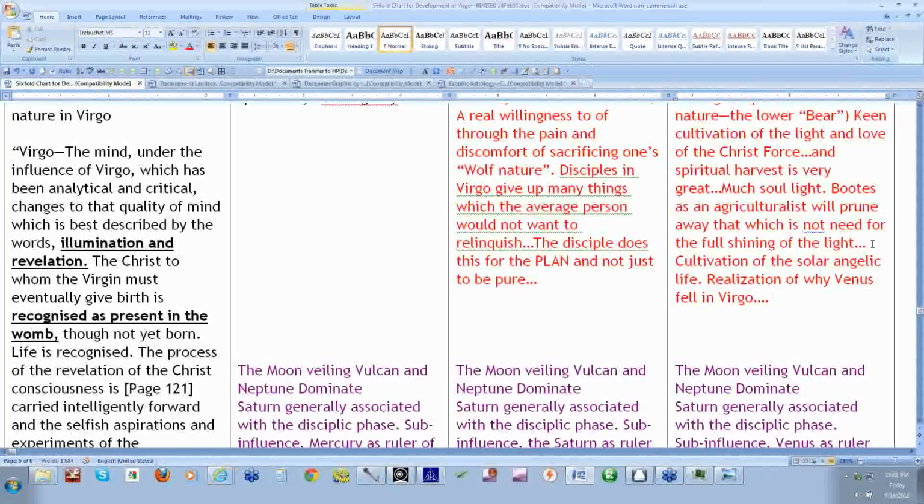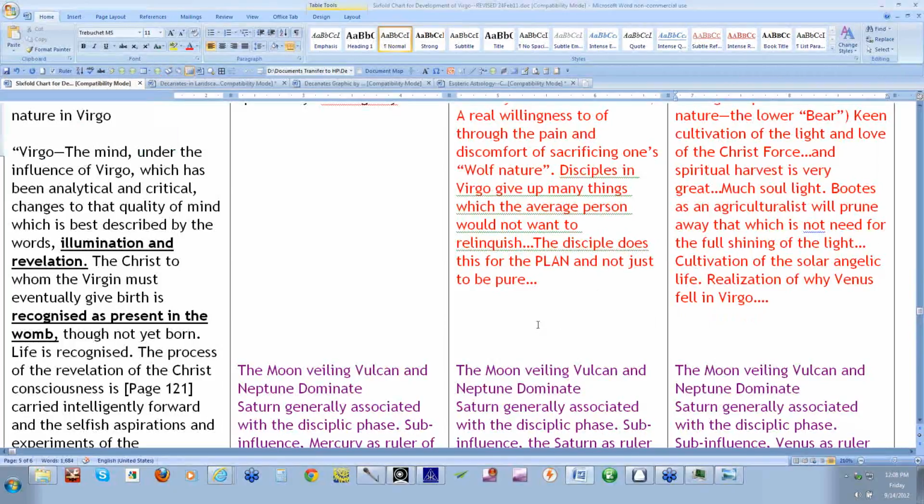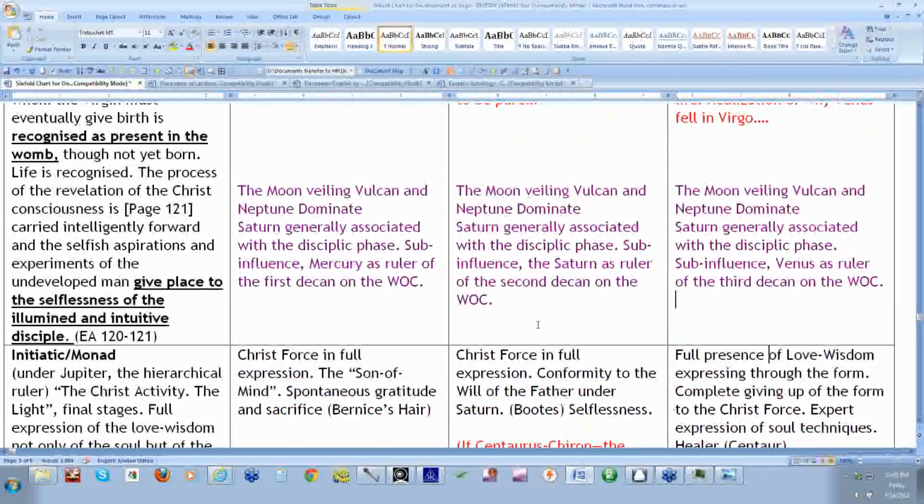So it is redemptive. Venus fell for sacrificial purposes. The work of Venus within Virgo, the form, is realized, and the wisdom, intelligence, the light is really permeating the form, creating quite an inner radiance within the form, which we can call wisdom, love wisdom, and light.